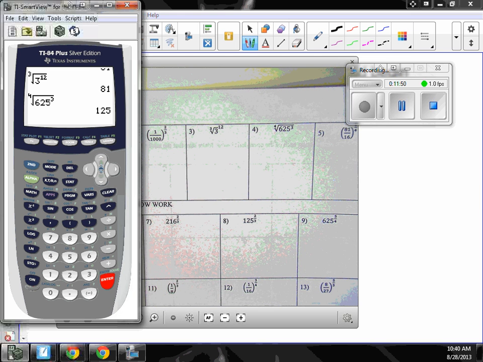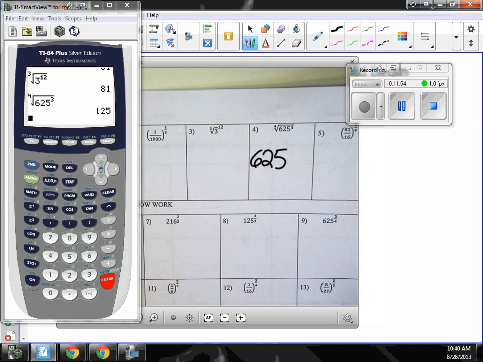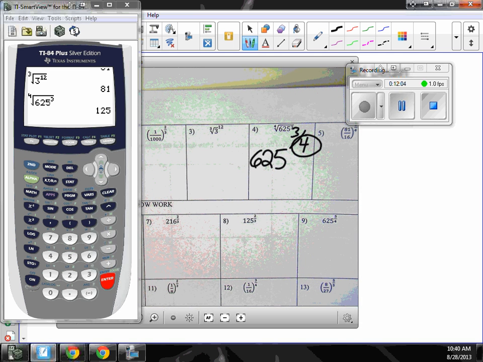Which we know because 625, the 3 goes on top and the 4 goes on bottom. Can 625 be broken into 4 equal pieces? It can be broken into 5s. 5 times 5 times 5 times 5 is 625. So we take 5, and we need 3 versions of that, is 125.